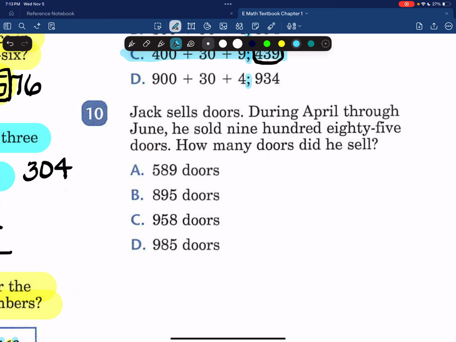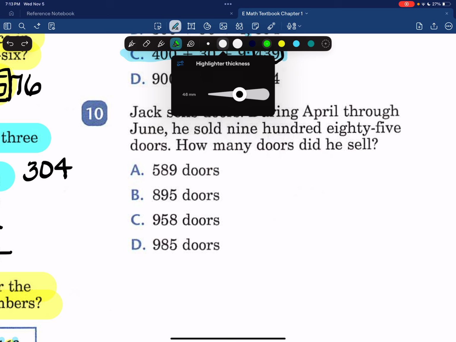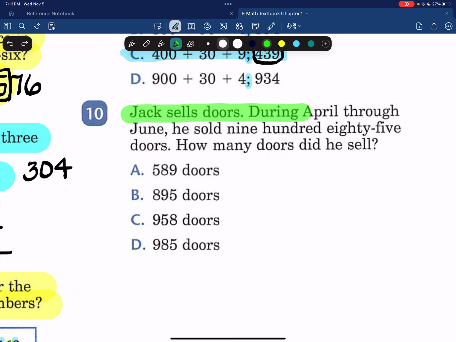All right. Number 10. Jack sells doors. During April through June, he sold 985 doors. How many doors did he sell?